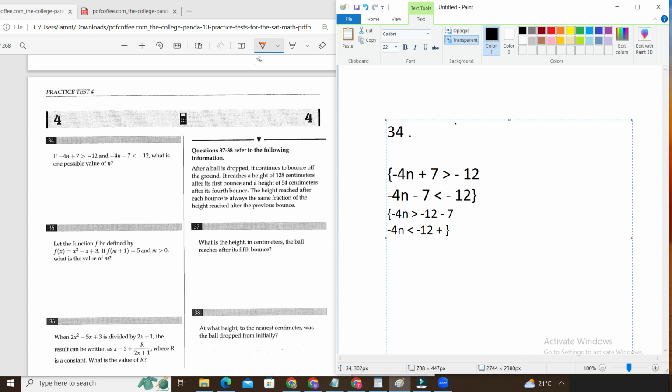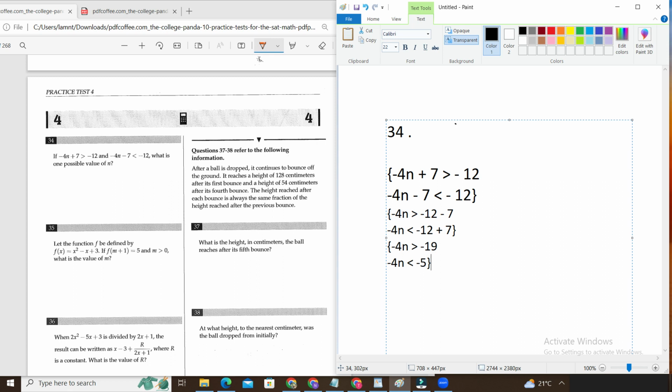So this is minus 4n is bigger than minus 19, because minus 12 minus 7 is minus 19, and minus 4n is less than negative 5, because minus 12 plus 7 is negative 5.